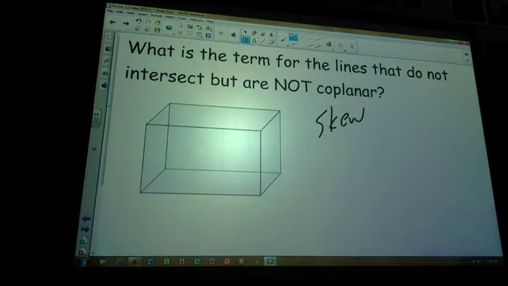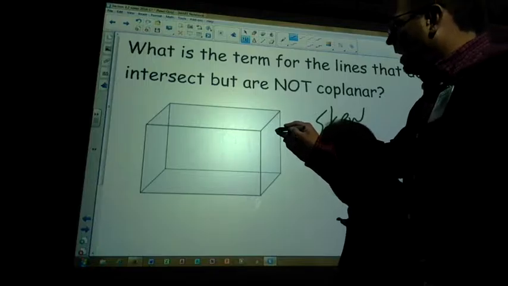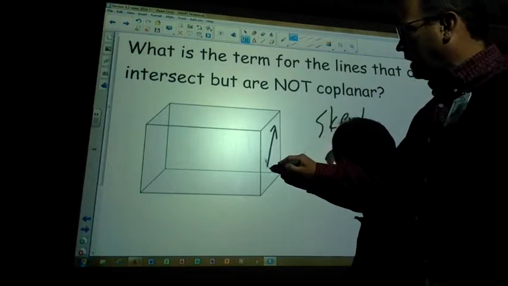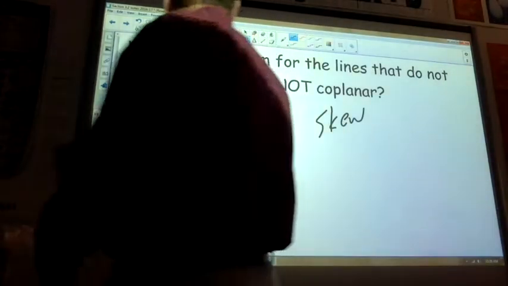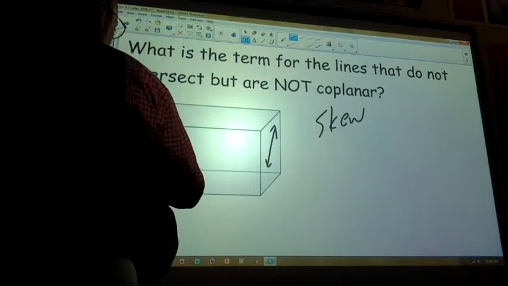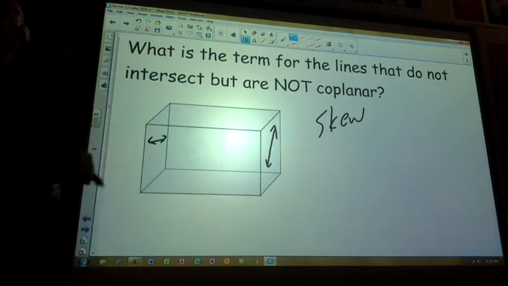Using this diagram, I could say I have a line here on the side, and then I have a line here on this other side. Those two lines are definitely not parallel to each other, but they also won't intersect each other. So we have to realize that skew lines do not lie in the same plane.